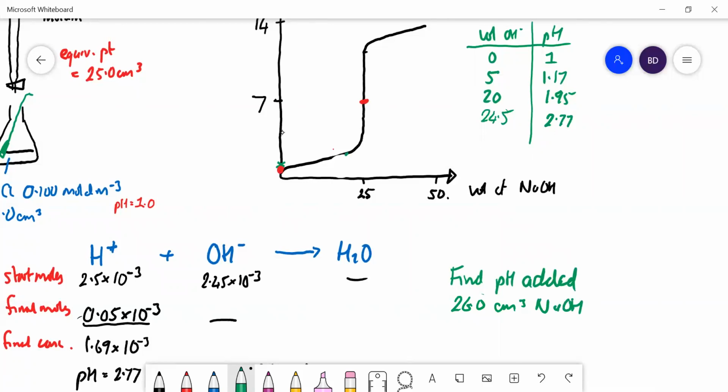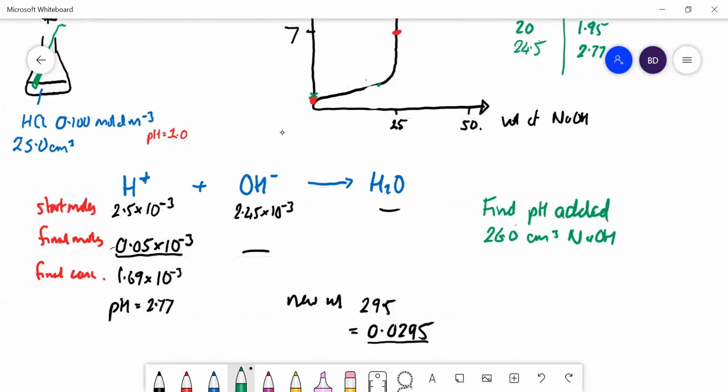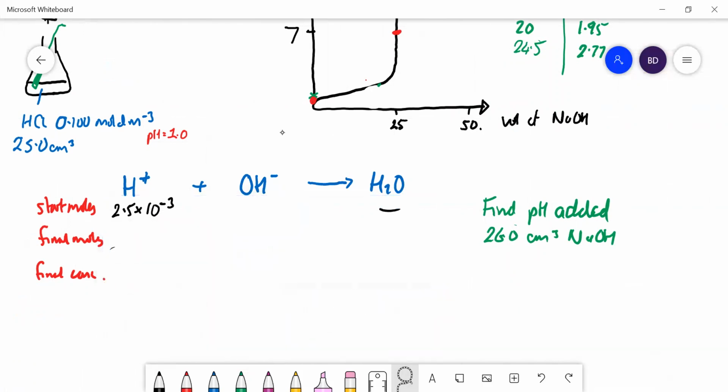So 2.6 times 10 to the minus 3 is the moles of NaOH we've added now.